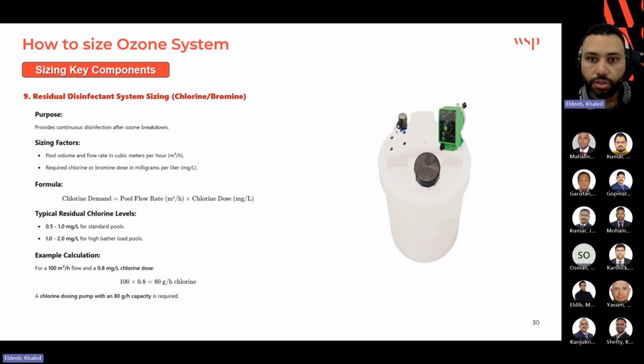Now the residual disinfectant systems, chlorine or bromine. This is one of the main things associated with the ozone system. The purpose is to ensure a secondary disinfection system is provided, because as I explained in the beginning, the ozone system is very effective in killing harmful contaminants only at the time of reaction, only at this moment.